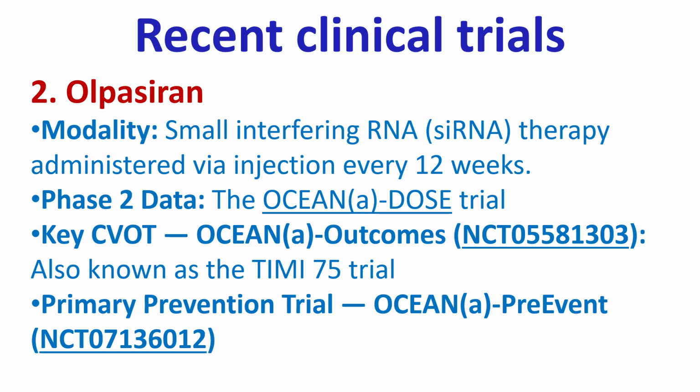OCEAN(a)-Outcomes, also known as the TIMI 75 trial, is a phase 3 study comparing olpasiran to placebo in roughly 7,000 patients with a history of atherosclerotic cardiovascular disease and LPA levels of 200 nanomoles per liter or more. The estimated primary completion date is early 2028.